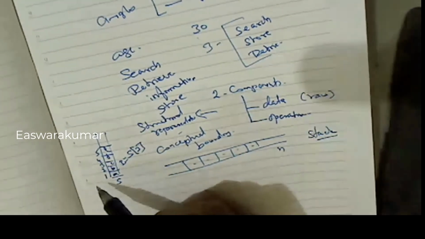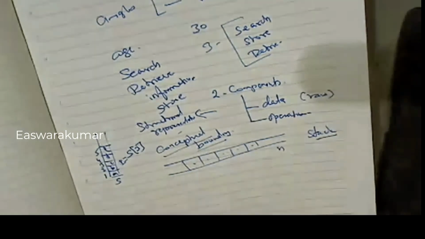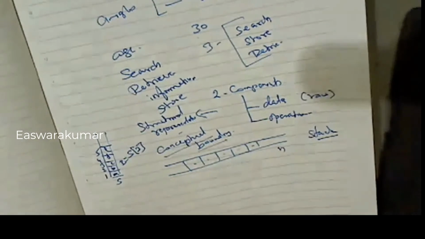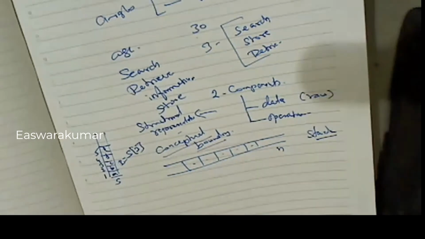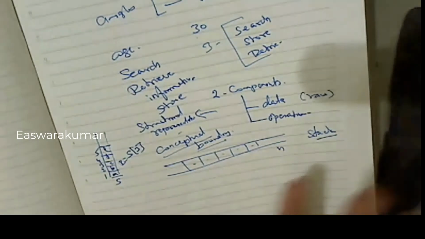It cannot remove from the middle. So we can make a conceptual boundary. It means we can create a condition.